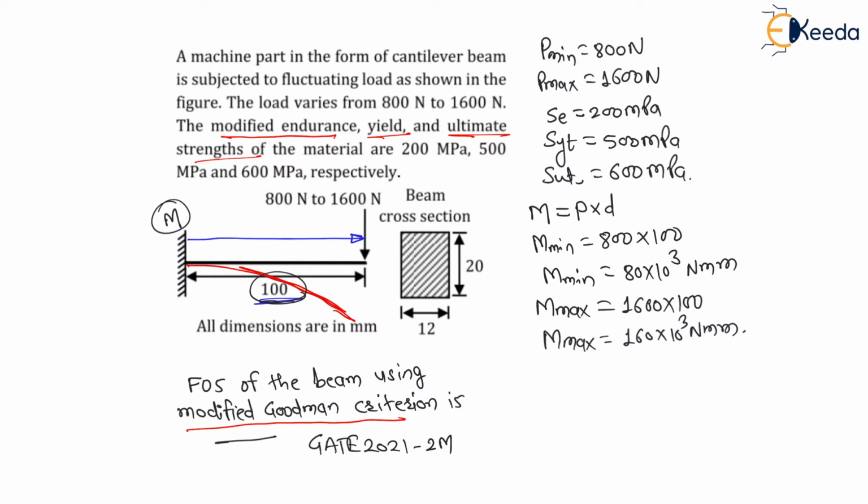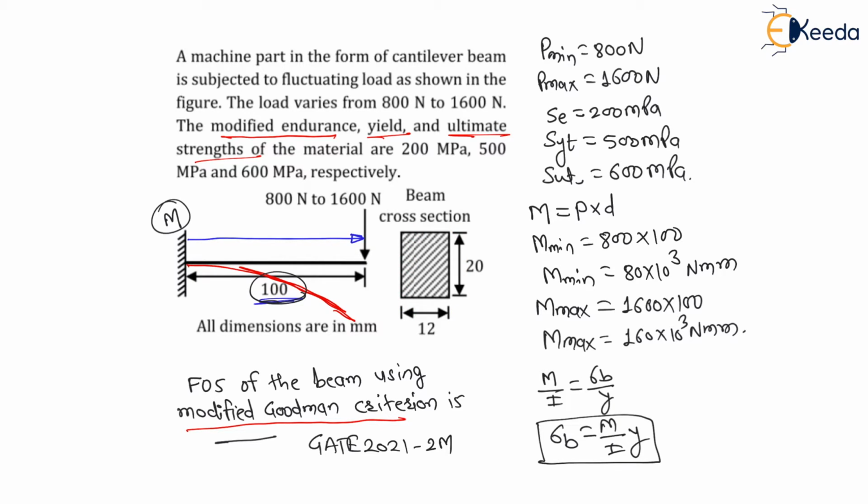Now, as we have calculated the maximum and minimum bending moment, we have a formula to find bending stress. Because of this bending moment, there will be a bending stress in the element. We have the bending equation M by I is equal to sigma b by y. Therefore sigma b, the bending stress, is M by I into y. Now the cross section is given.